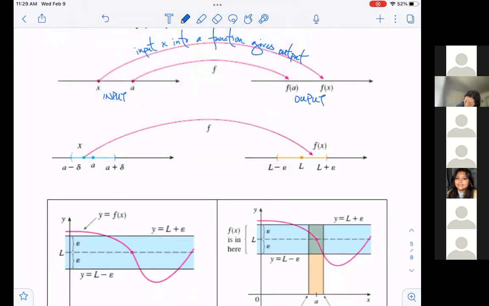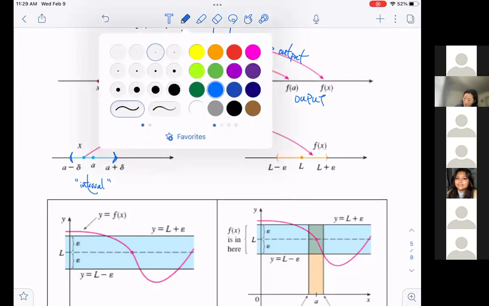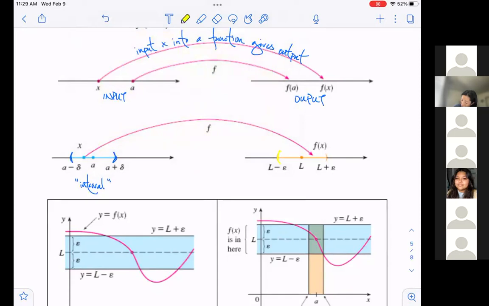This is like taking an interval of x values and bringing them over to an interval of y values.